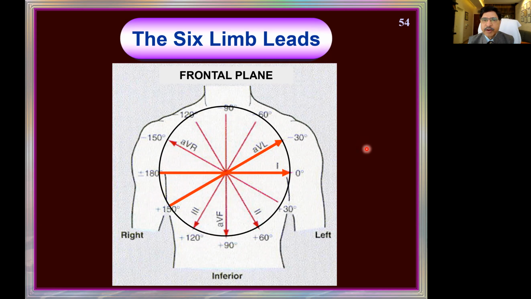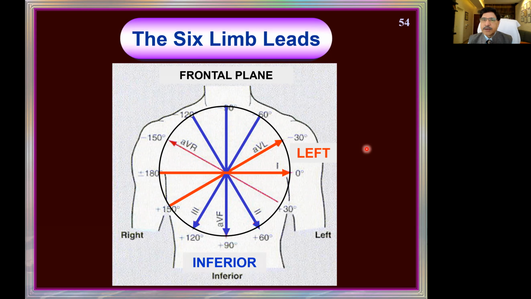That is the L1, 0, horizontal. Both are the left-sided leads, AVL and L1. Now we have the L2, which is 60 degrees, the AVF, which is 90 degrees, and the L3, which is 120 degrees. The blue colored ones are all inferior cameras that record the inferior electrical activity.